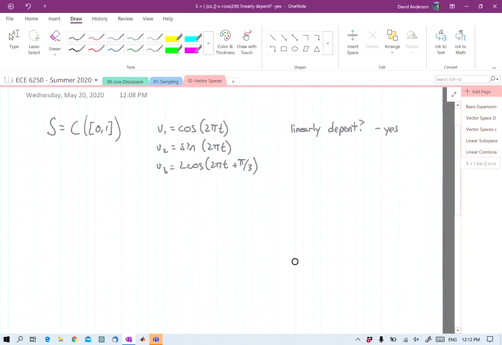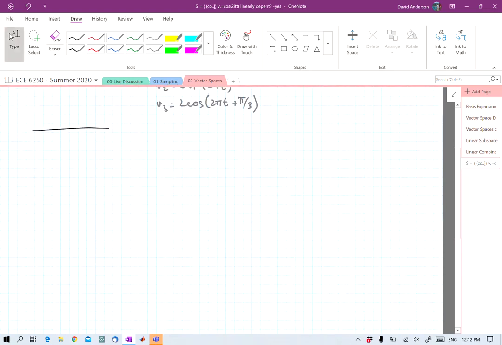Okay, so on to another fundamental property of linearly dependent sets. Suppose that we have some set v1, v2 up to vn, and they're linearly dependent.